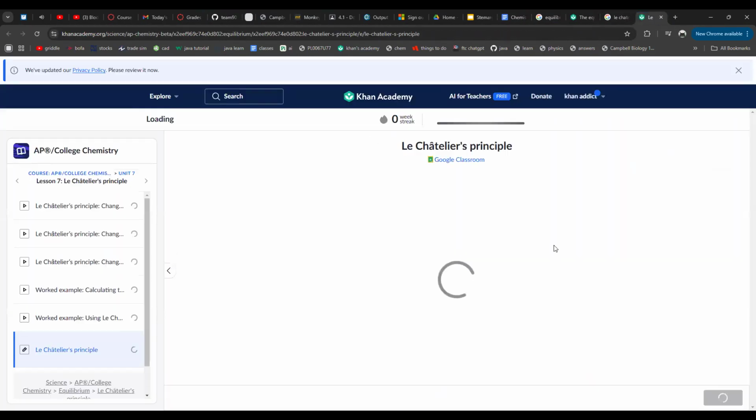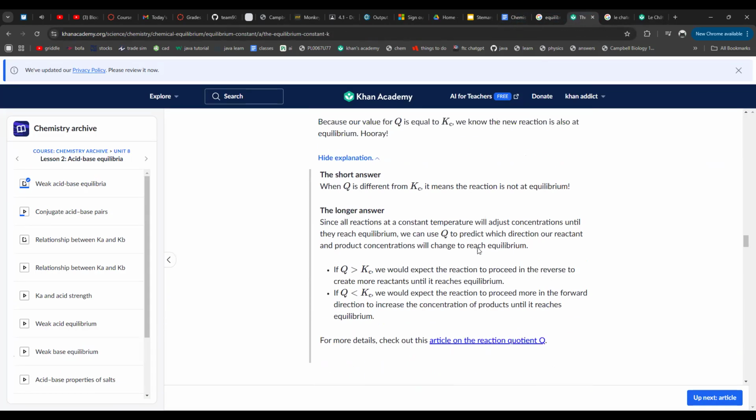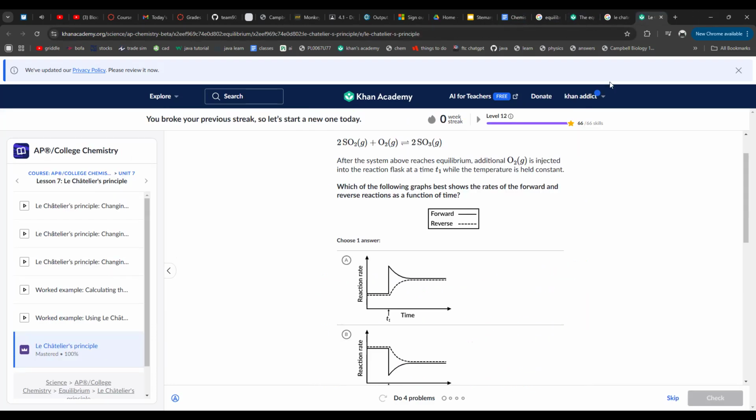So this is basically just a visualization of what happens in the equilibrium reaction. So you see additional oxygen. It's at equilibrium, your K is at whatever K is, and you're adding additional oxygen to decrease your Q, your reaction quotient.